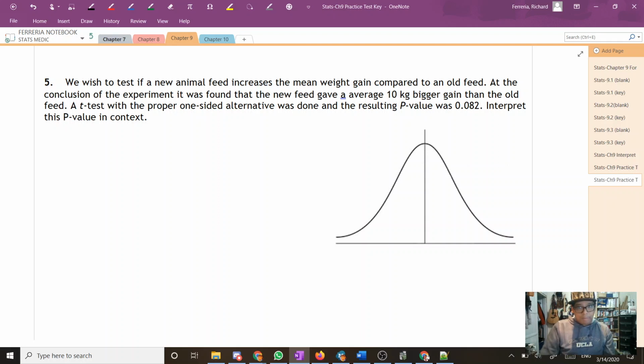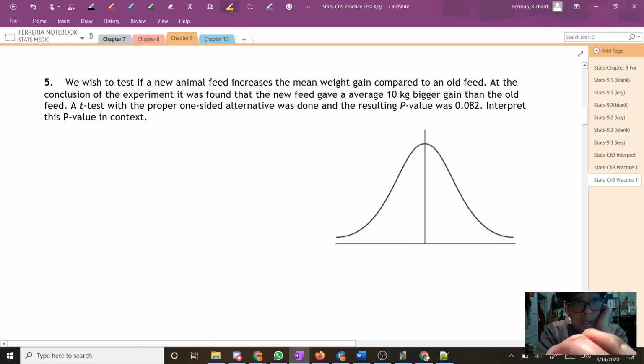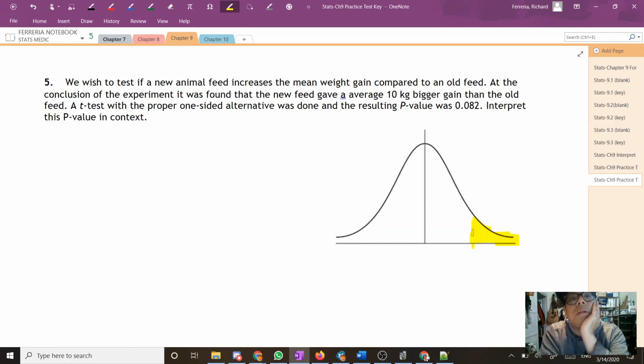Okay, we have, again, another normal curve, so maybe we should just go ahead and figure out where that area is. It's kind of the same thing, actually. It's almost 10%. That's kind of the area we're looking at. Why am I doing that side of the curve and not the left side of the curve? Well, we want to see if it increases the mean weight.